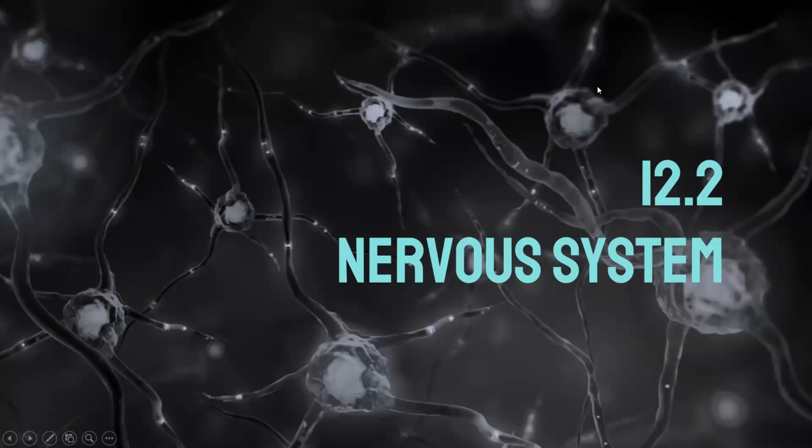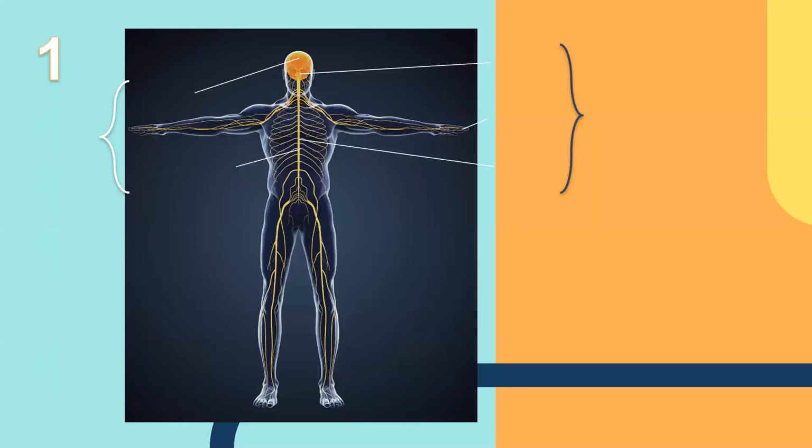So we continue 12.2 nervous system. In this chapter, you're going to learn about the nervous system. Basically, there are two subsystems in the nervous system. The first one is known as the central nervous system, and under the central nervous system there are the brain and also the spinal cord.